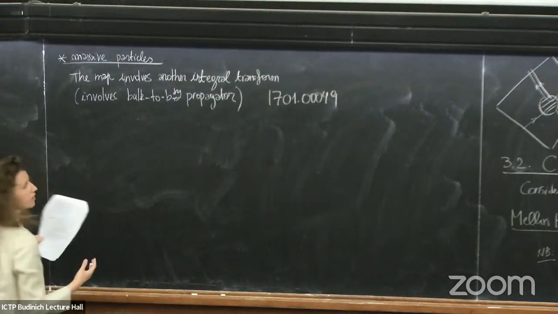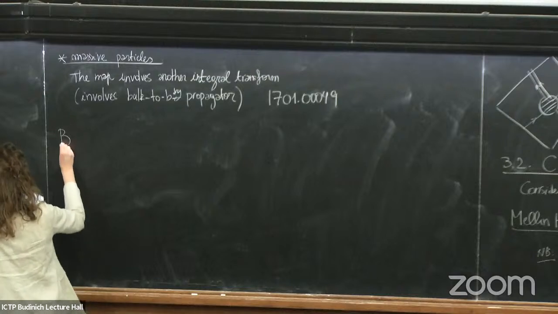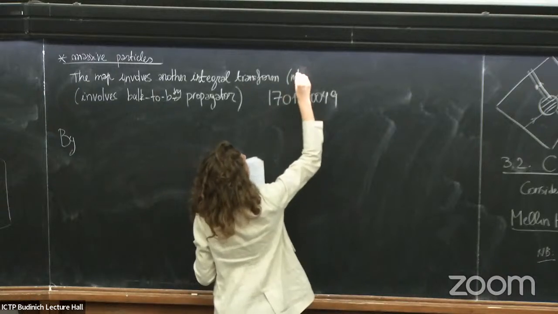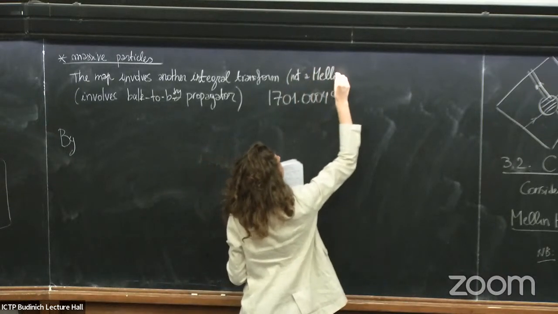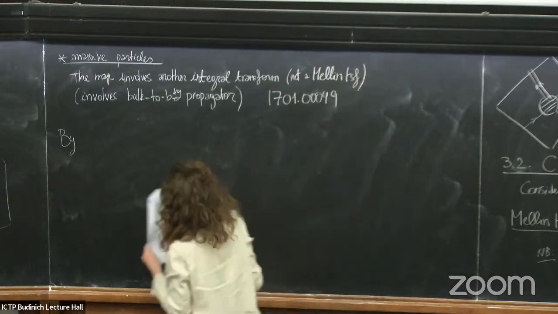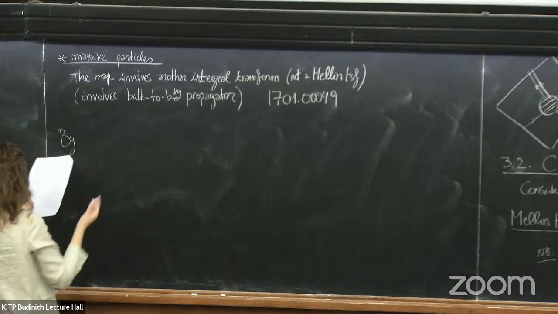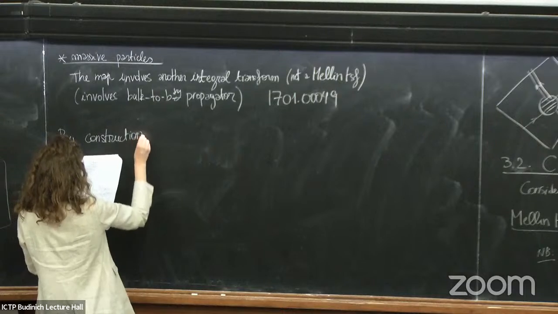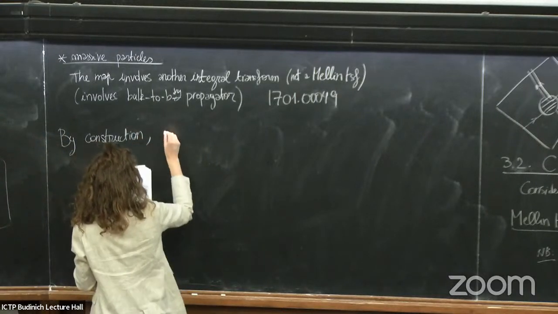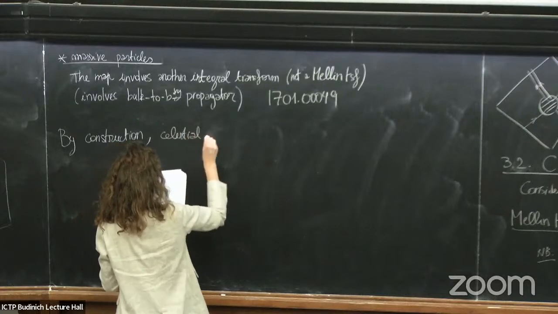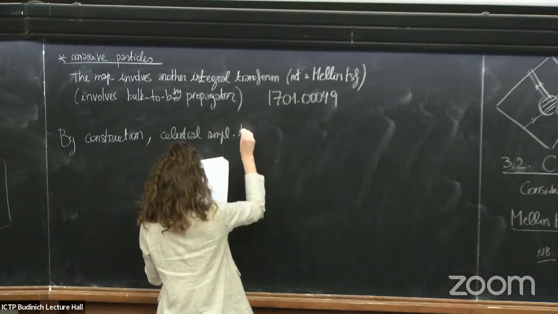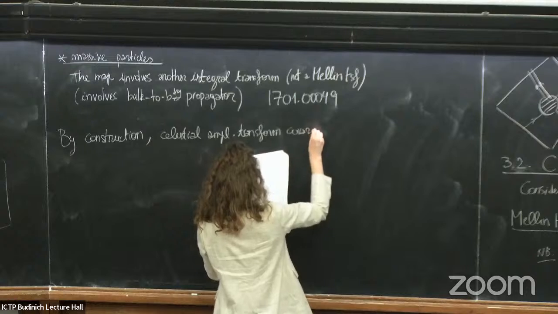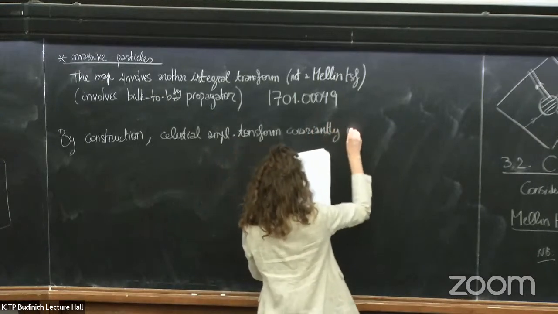But the important point and the upshot of all this is that for both cases, this is not a Mellin transform, but something else. For both cases, by construction, celestial amplitudes transform covariantly under SL2C.